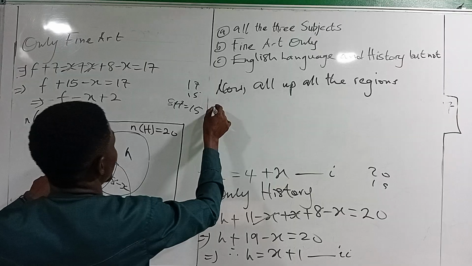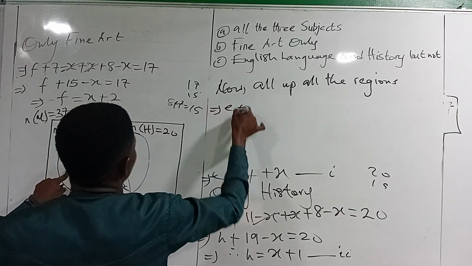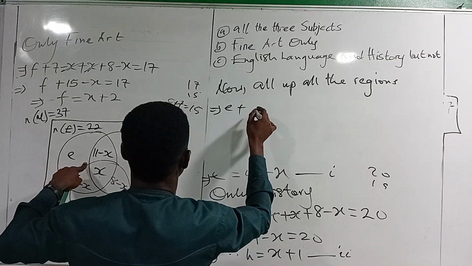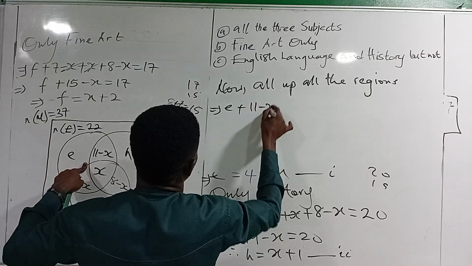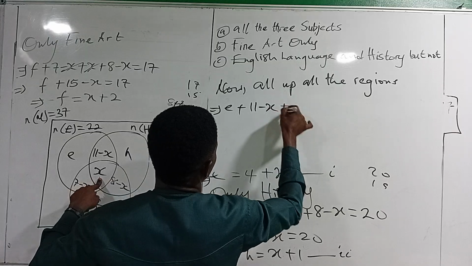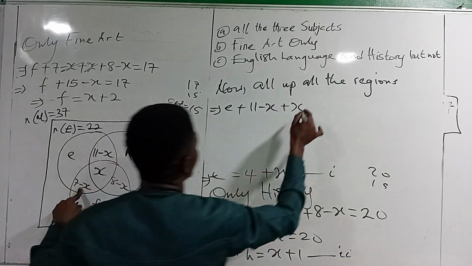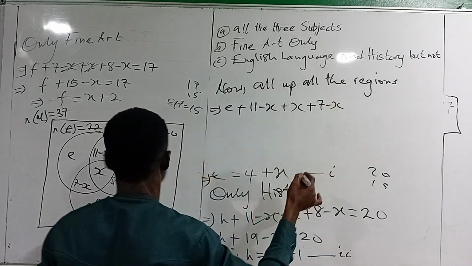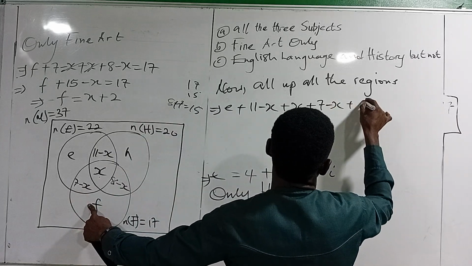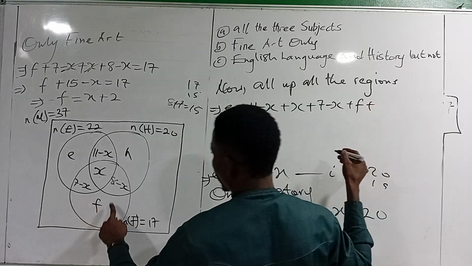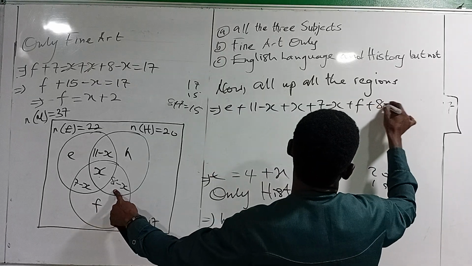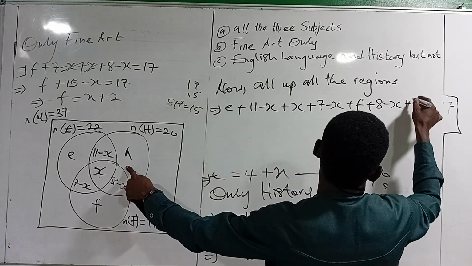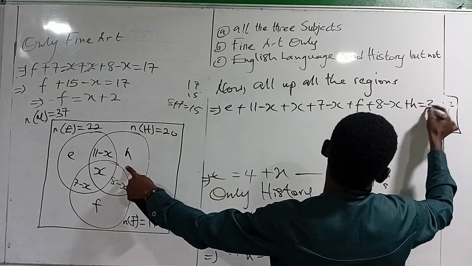Now let's do it. We have E plus everything we have here now. We have E, 11 minus x plus x plus 7 minus x, then plus F, then plus 8 minus x plus H, then equal to 37.